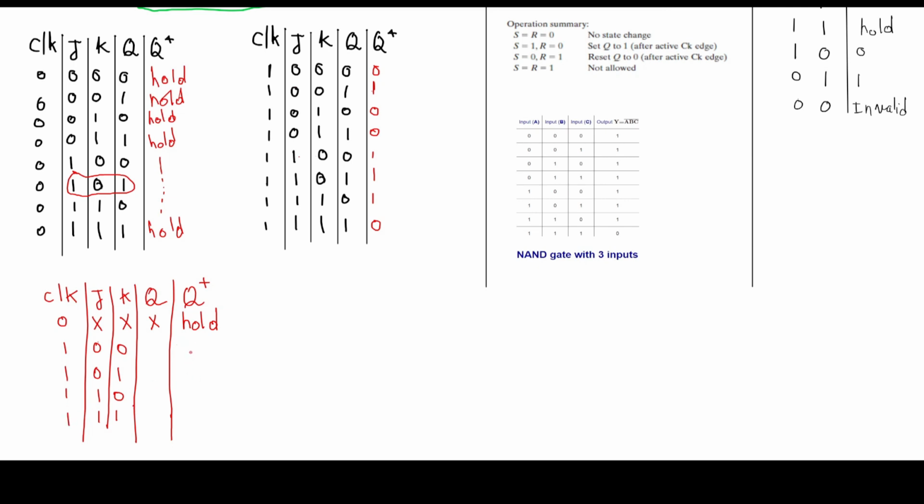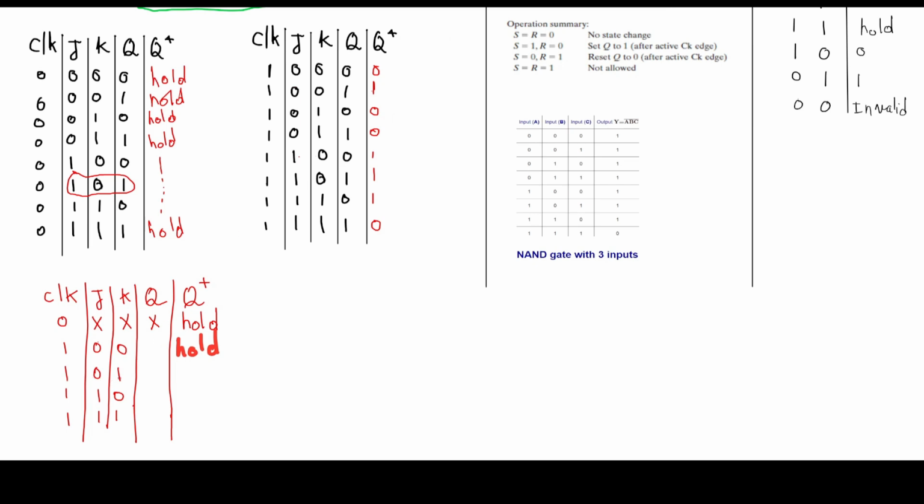So we want to figure out what will be the next state, Q plus. When J is 0 and K is 0, let's look back in our table here. When J is 0 and K is 0, this is in 2 locations. So if we look here, Q plus and Q are equal. So that means we are holding the previous state. So for this row here, Q plus will be hold the previous state.